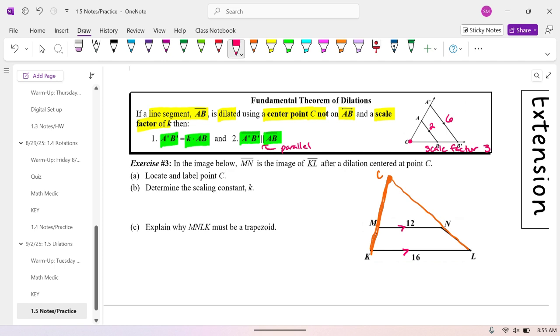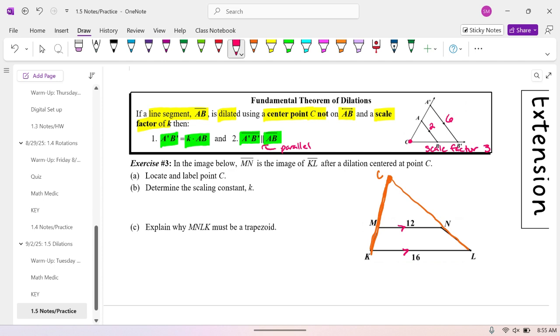Now, how do you think I would find the scale factor? Because obviously there's not something nice that we can multiply to get from 12 to 16. But how do you think I would find it? Say one more time. Not quite.